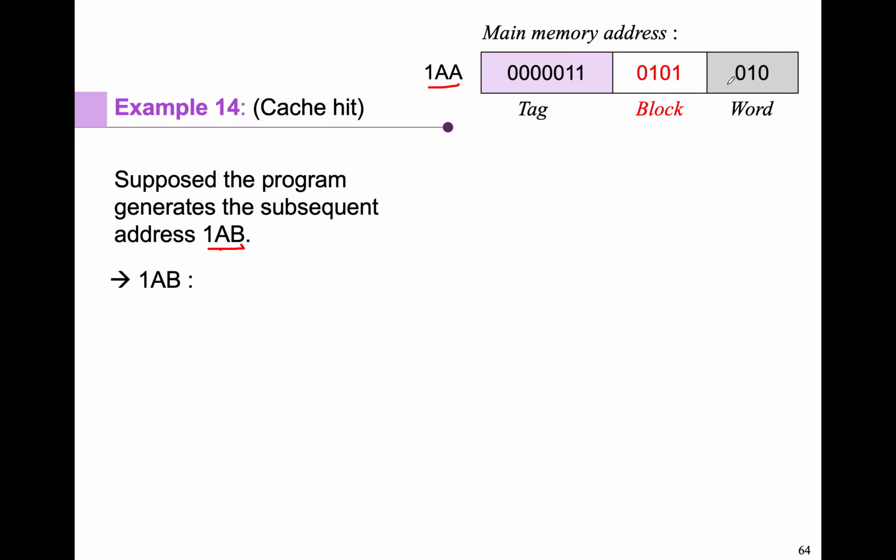If 1AB, what will happen? At the beginning 1AA is like this. And 1AB is what? You need to come up with the binary value itself.